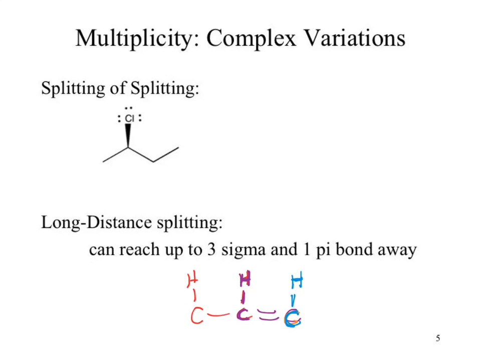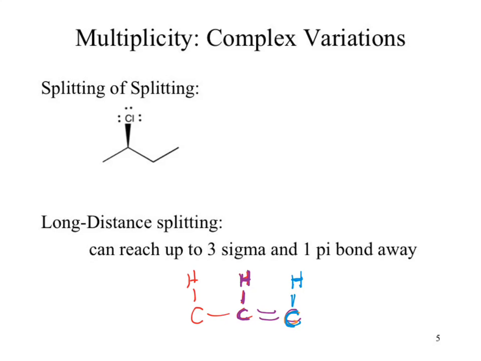Well, in our standard rule set, we'd count out our bonds. Hydrogen to carbon 1, carbon to carbon 2, carbon double bond to carbon 3. We're not at a hydrogen. We'd have to go 1 more to get to the blue hydrogen, which is in excess of our 3-bond rule, which means we see no splitting. The blue and the red are not neighbors to each other.